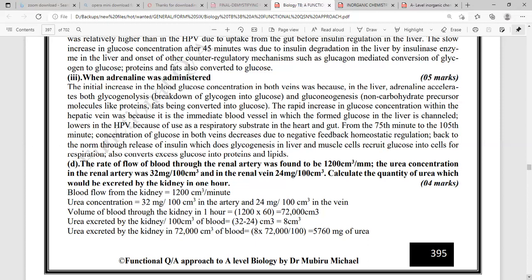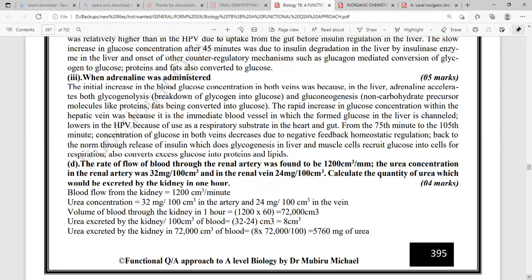So blood flow from the kidney is 1,200. Then the urea concentration is 32 milligrams per 100 centimeters cubed in the artery and 24 milligrams per 100 centimeters cubed in the vein.